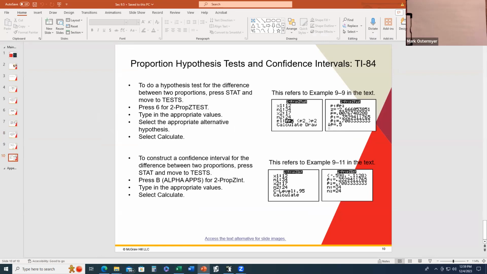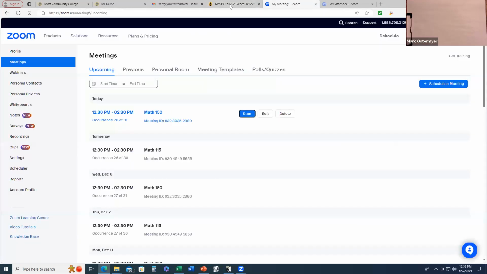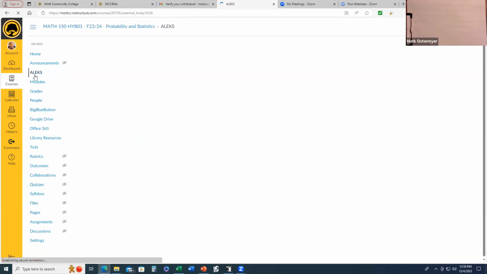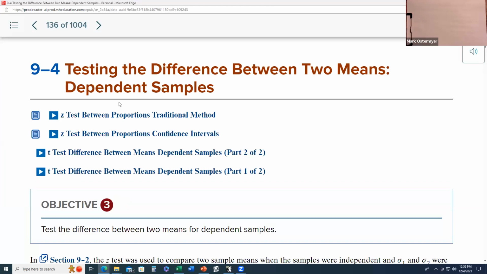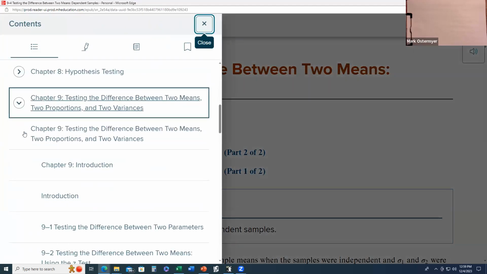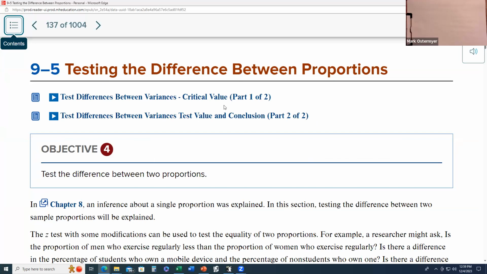All right, let's go to our textbook and see if we can entertain some problems here. These problems are going to come out of section 9.5.